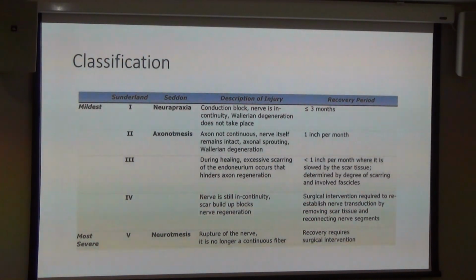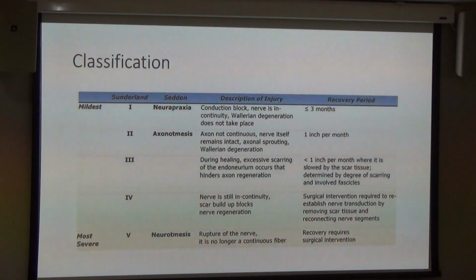He described neuropraxia as degenerative and non-degenerative, and he claims that you should probably never see a non-degenerative neuropraxia because you can't pick it up clinically. There's no Tinel sign.